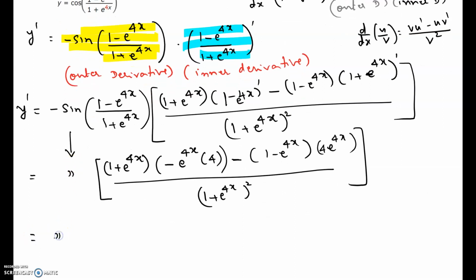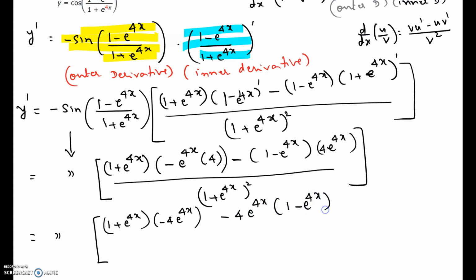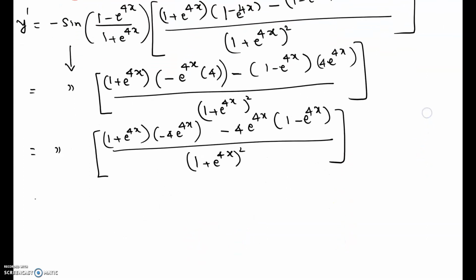So we'll continue with the negative sign part, which stays as is. The other part is (1 plus e to the 4x) times negative 4 e to the 4x, and we have minus 4 e to the 4x times (1 minus e to the 4x), divided by (1 plus e to the 4x) the whole squared.